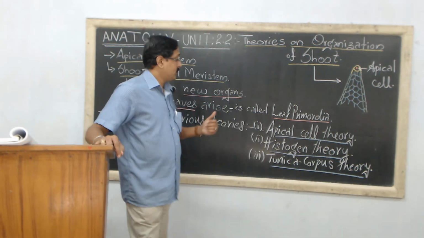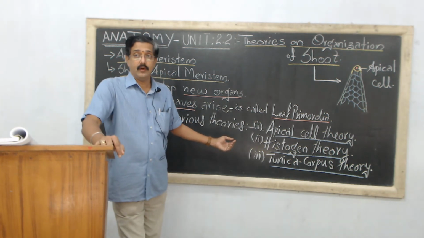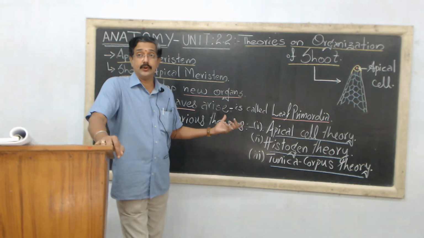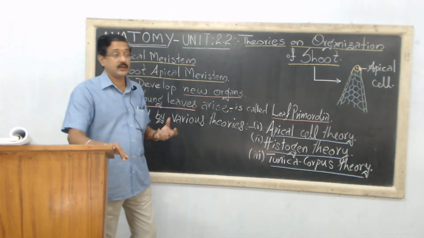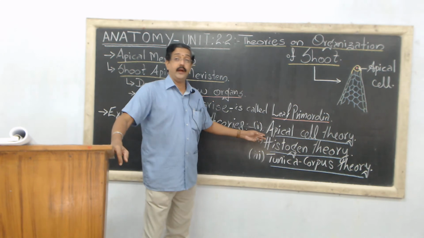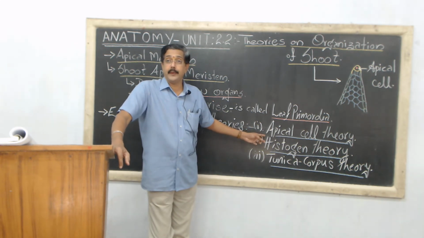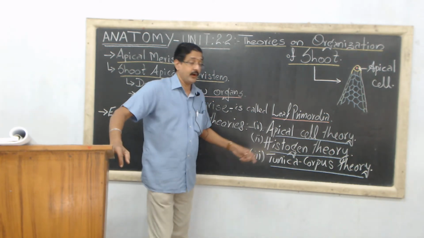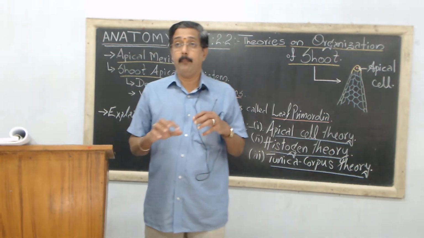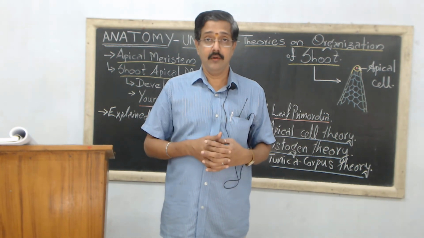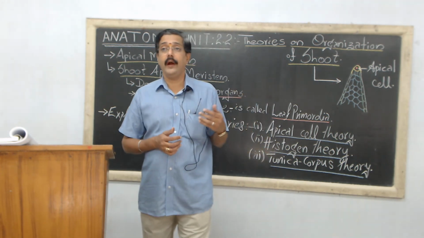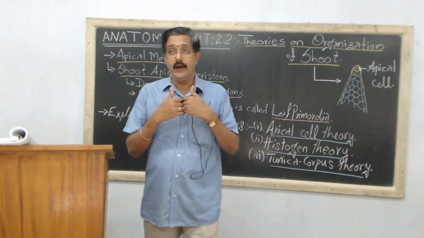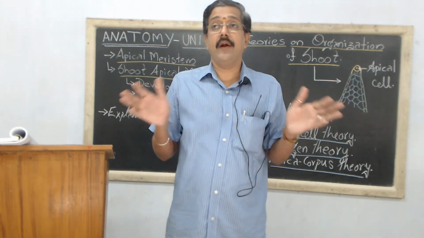Here these theories are also concerned with which areas of tissues or the dermal system are differentiated, either from a single apical cell, corresponding with the histogen theory, and the tunica corpus theory proposed the plane of division, either towards the interior or towards the exterior or towards the terminal or towards the lateral region.